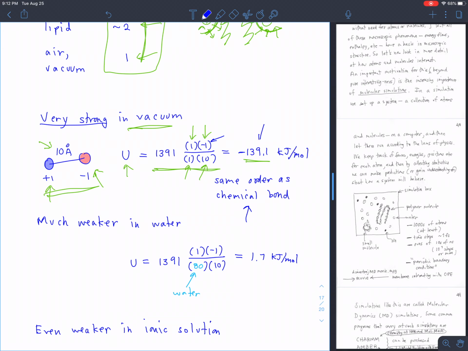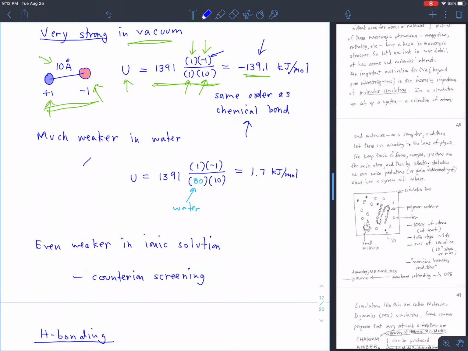I mean, this is a little bit weak for a chemical bond, but there are chemical bonds that are in that range. And most of them aren't a whole lot bigger than that. So charge-charge interactions in vacuum are very strong. On the other hand, if you put them in water, same calculation, but now with a dielectric constant for water underneath there, now it's only 1.7 kilojoules per mole. That's pretty weak.